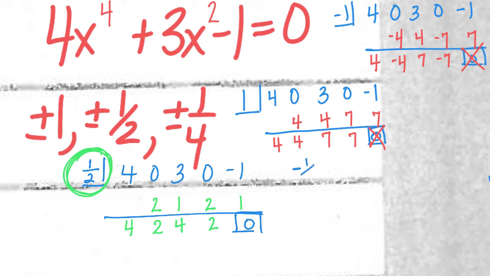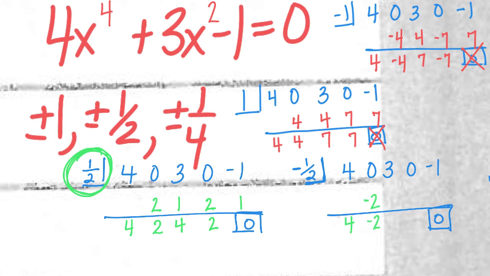And let's try negative 1/2. I have 4, 0, 3, 0, negative 1. And remember, I want 0 to be the solution. Drop it. Negative half of 4 would be negative 2. Add down.